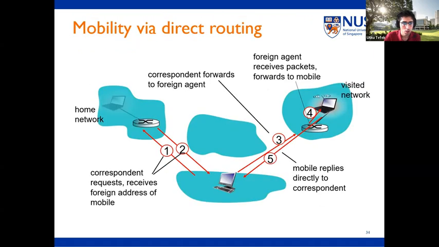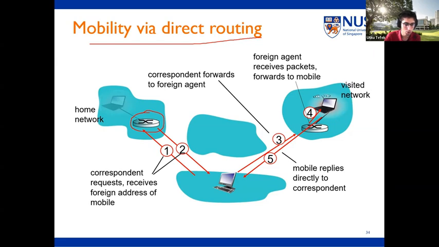So we discussed all that. To overcome the inefficiency of the triangle routing problem of indirect routing, we have mobility with direct routing. The difference here is that instead of tunneling packets to the foreign agent, the home agent just sends the foreign address of the mobile directly to the correspondent.